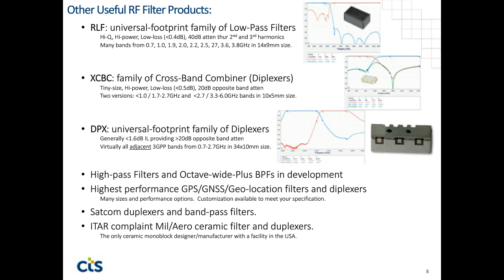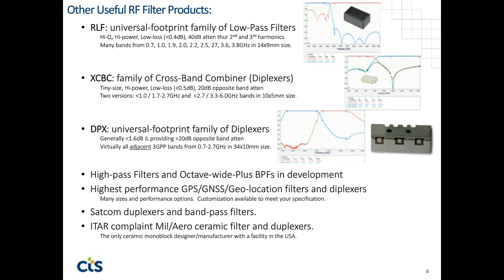The XCBC family is, again, a very unique product with high power handling, very low insertion loss, very small size, very small cost, for cross-band combining. That's what the XCBC name is for. We have two instances of this product that are universal footprint and interchangeable.